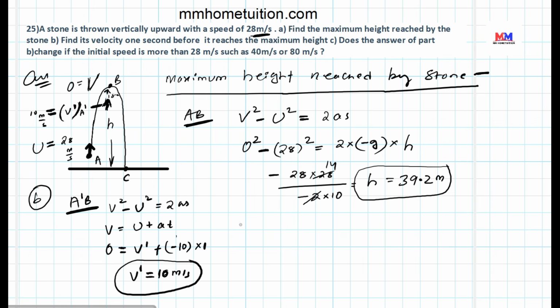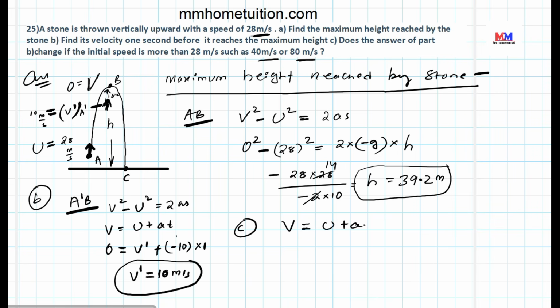Then the third bit is given: does the answer of part B change if the initial speed is more than 28 meters per second, such as 40 meters per second and 80 meters per second? So we have the formula V equals U plus AT.